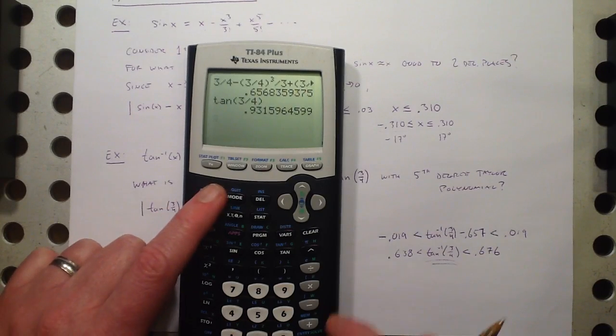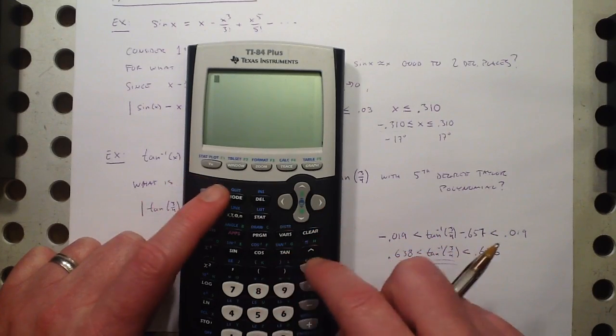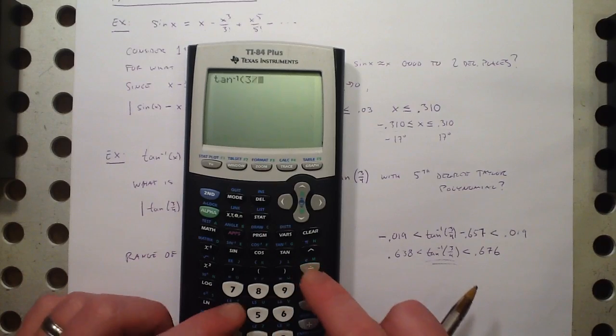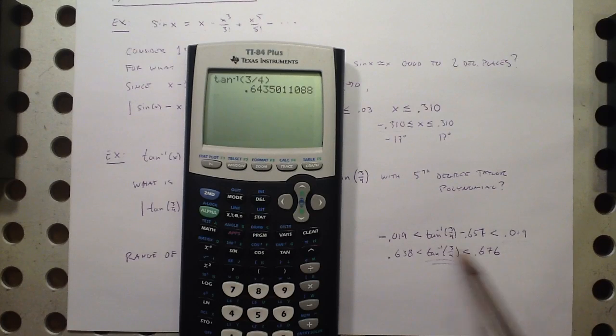I apologize for that. Let me do that again. Tangent inverse of 3/4, and we'll see that it's 0.643, so it's a little bit closer to this end of the interval. Sure enough, we were off by less than this, and that was our guarantee. We were not going to be off by more than that.